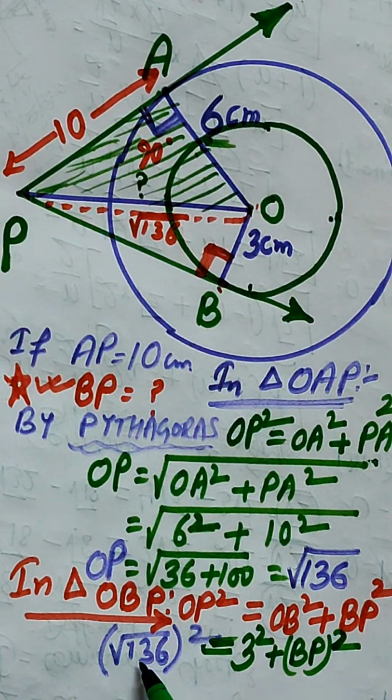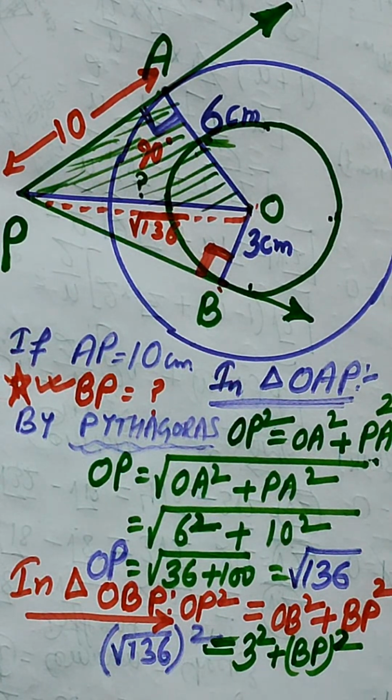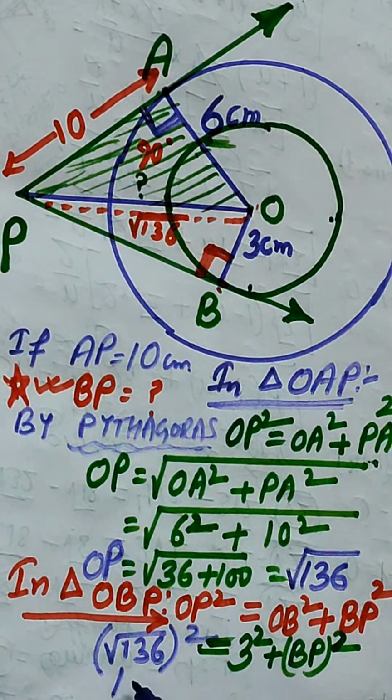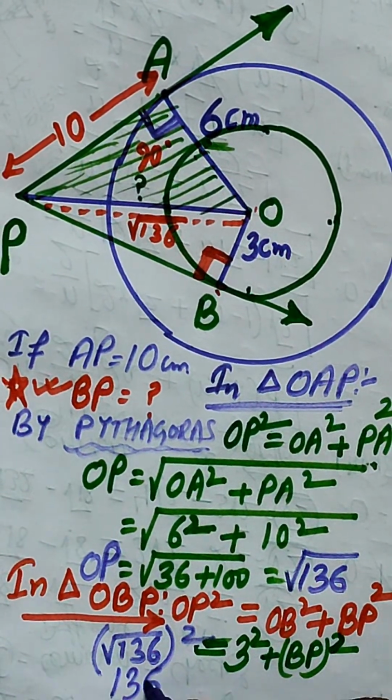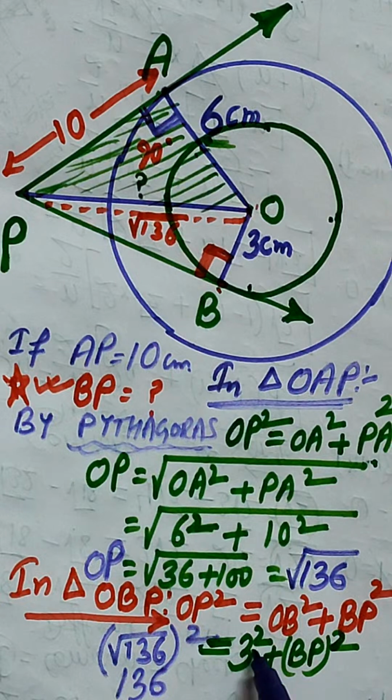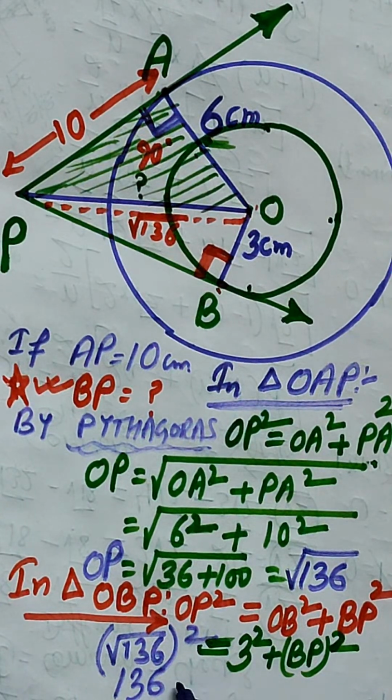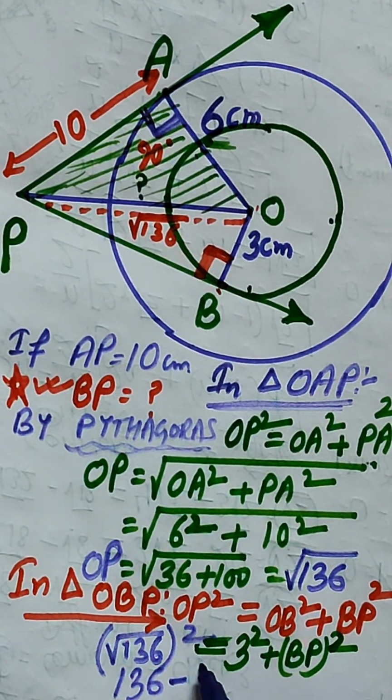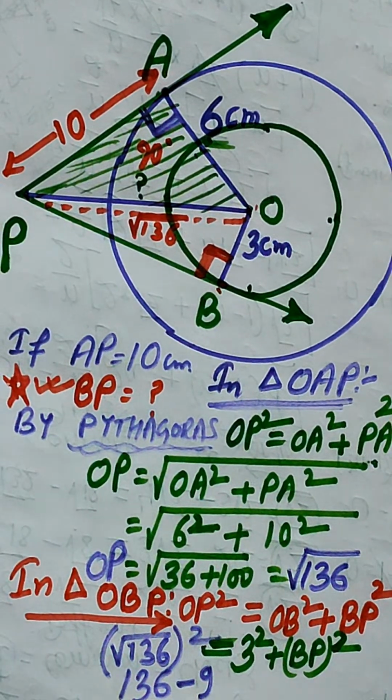So root over 136 square will be 136, isn't it? 136. And when this 3 square comes to the LHS, it will be 9. So 9 will be coming to the LHS, right?